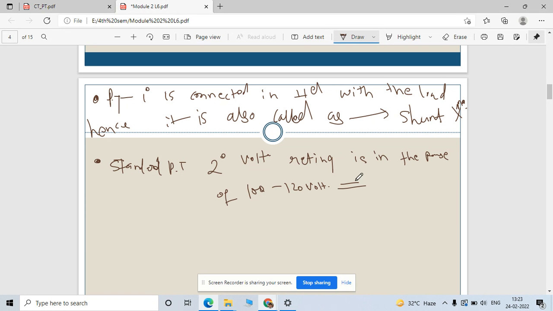But most of the potential transformers are designed for the voltage of 110 volt. Okay.